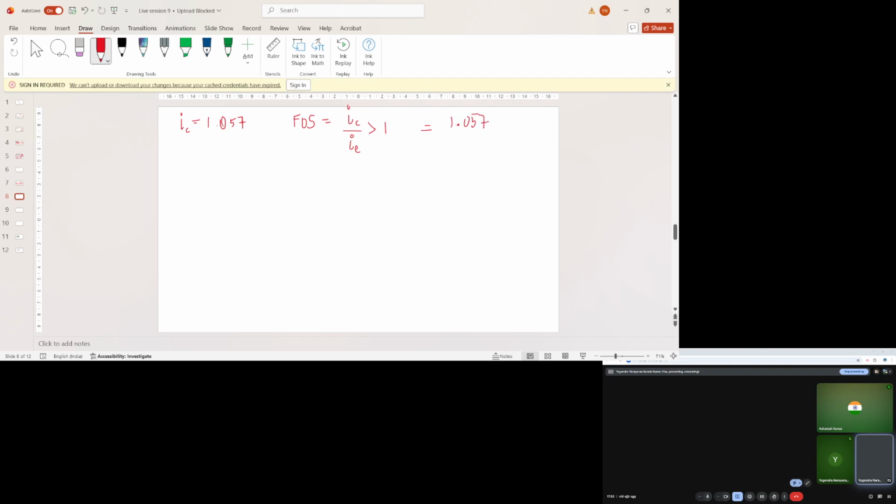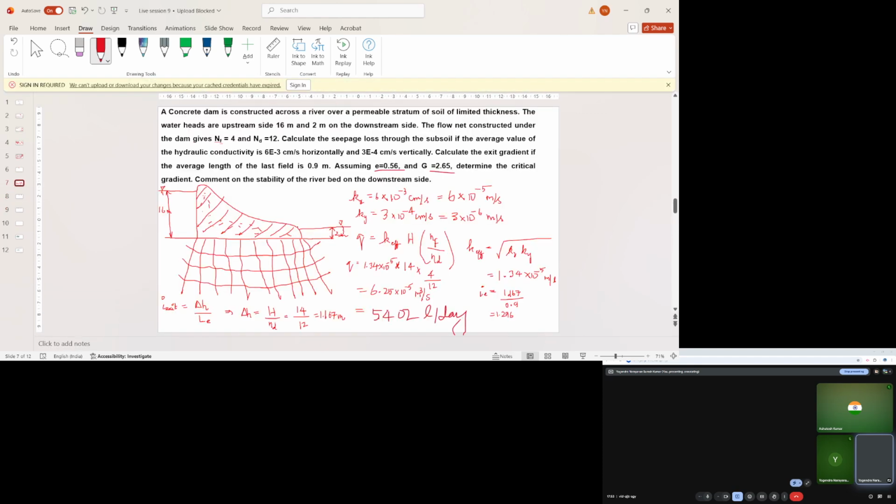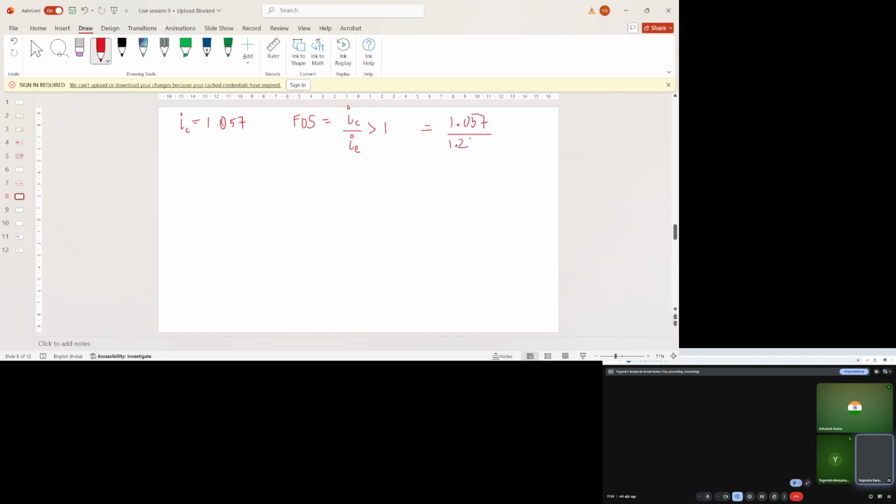1.057 divided by 1.296. Is it greater than 1 or less than 1? Less than 1. So then what about the stability?